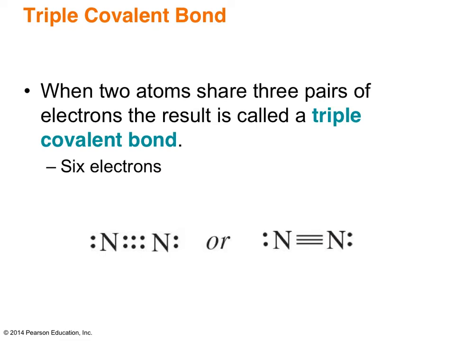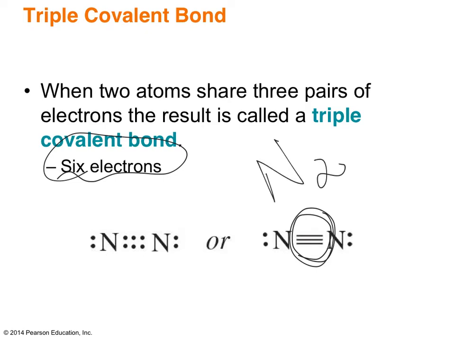Triple covalent bonds are when 6 valence electrons are shared between atoms. Okay, so you have 3, it's not really 3 single bonds, but you have 3 bonds that connect. Nitrogen, another diatomic, is a good example of a triple bond. Nitrogen atom on its own has 5 valence electrons.